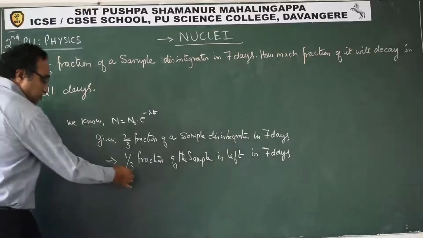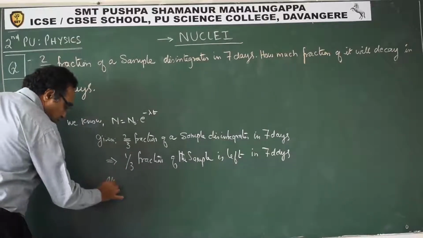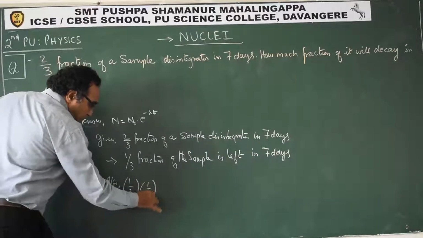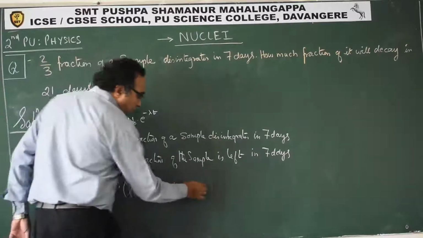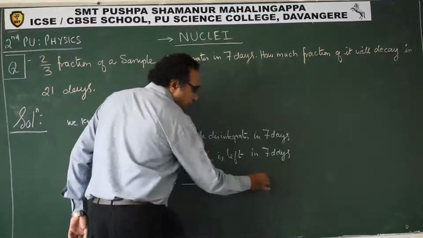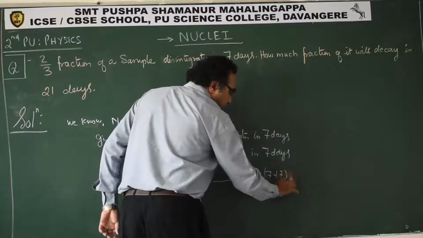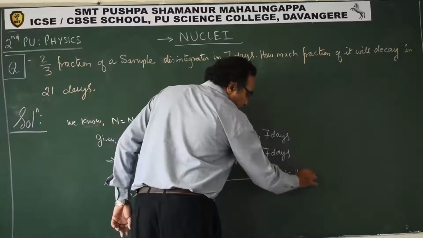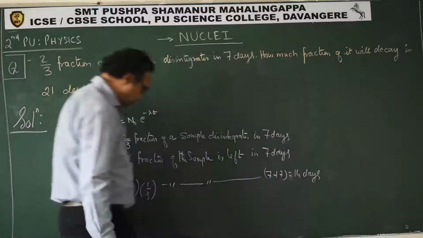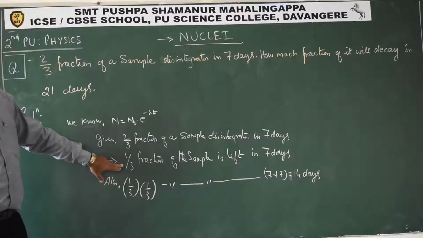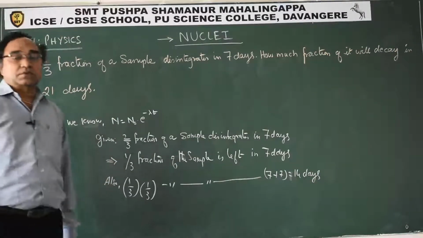So now, 1/3 of 1/3 fraction of the sample will be left in 7 plus 7 days. Because 1/3 of the fraction, whatever you start with, is left out.